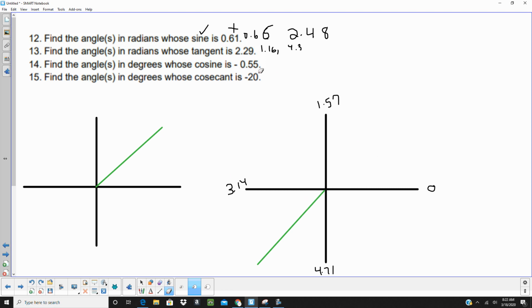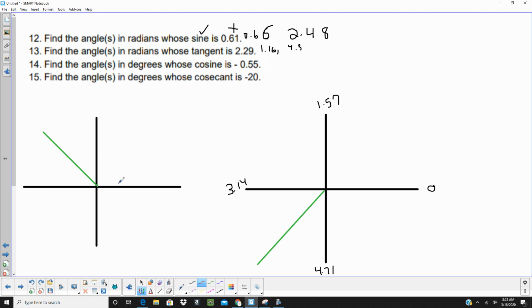On 14, we've got cosine, and it's negative. That means my x-coordinate needs to be negative. Well, x is negative in quadrants 2 and 3. All right, did that one correctly this time.